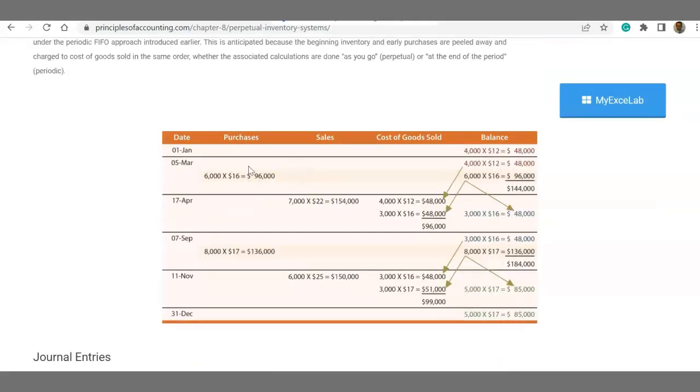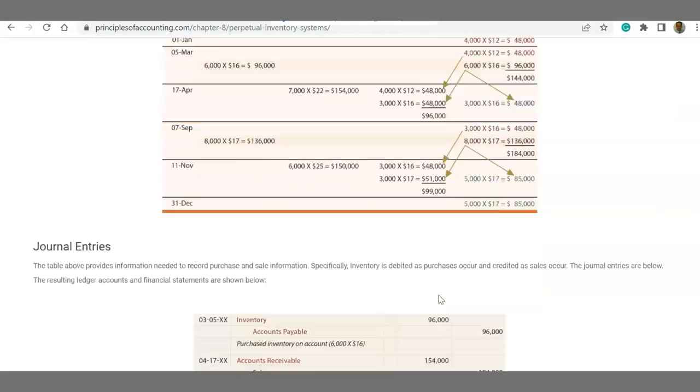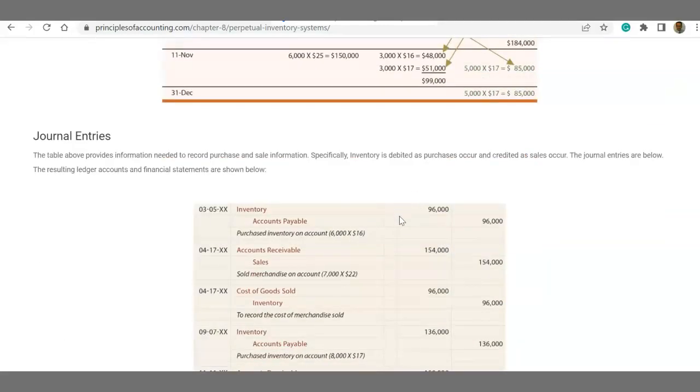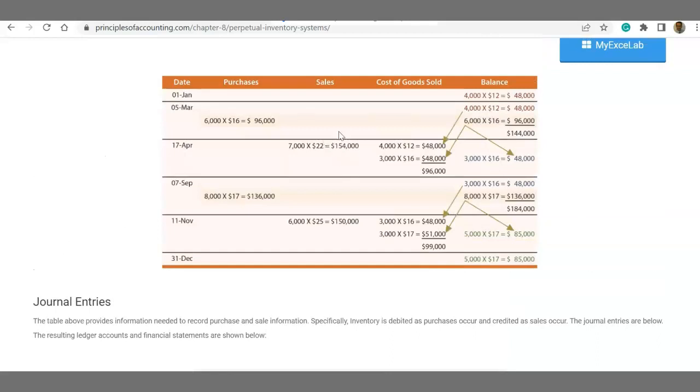You see that? You purchased it, 96,000. So the inventory will be increased, debited, and accounts payable will be credited for that new purchase. And then you sold $154,000 of inventory as a sales, and the cost is $96,000.